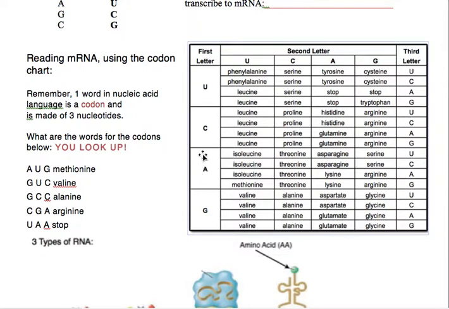So we're going to look for A, that's this part right here. The second letter is a U, so it's one of these 4. So now I have A and U. Where A and U intersect are these 4 words. Then the last letter in the codon is a G.